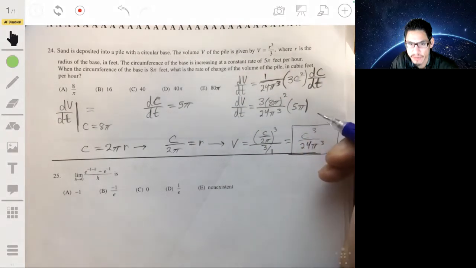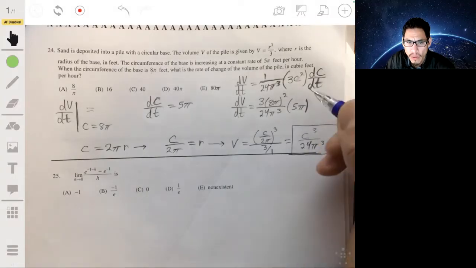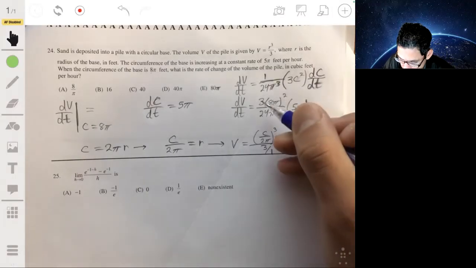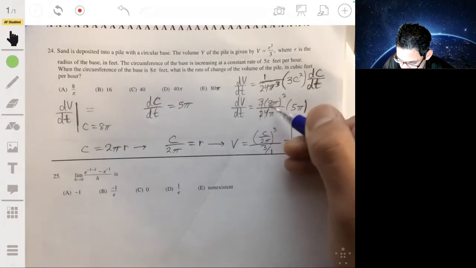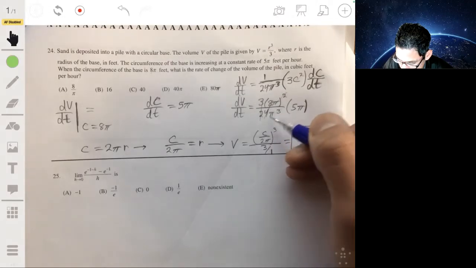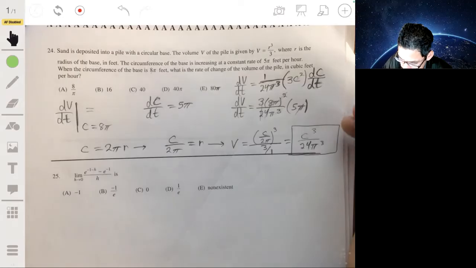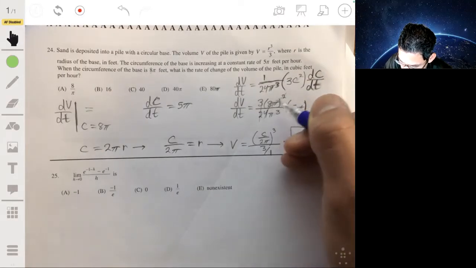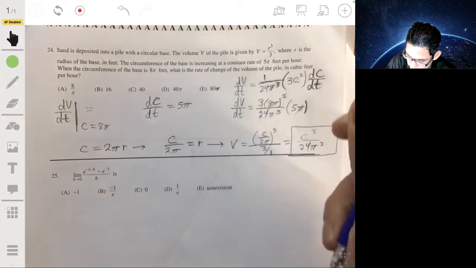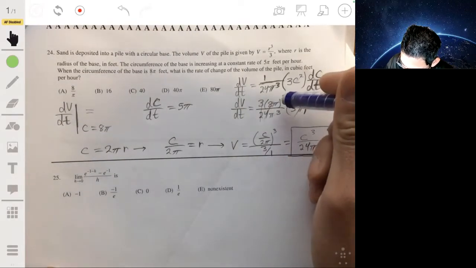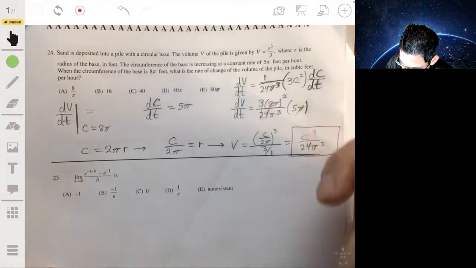It's just an algebra problem now. So the 3 and the 8 cancel... Oh, whoops, sorry, this is not going to cancel exactly. It'll still be an 8 times 5 on top.